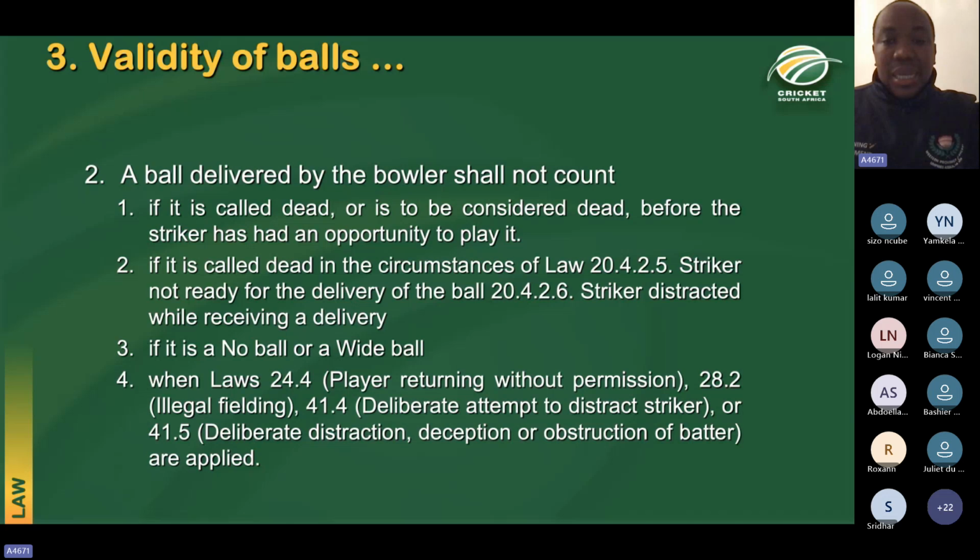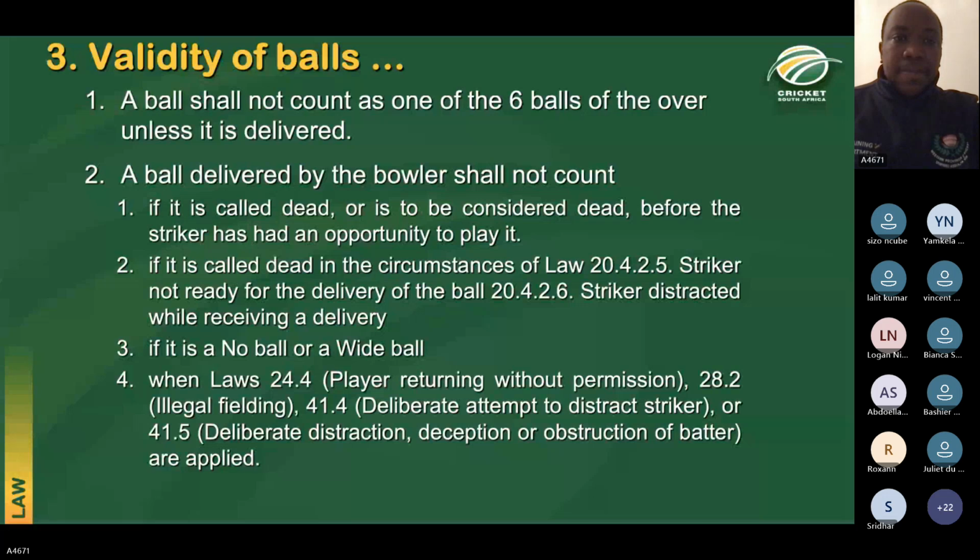If there's a deliberate attempt to distract the striker, or deliberate distraction, deception, or obstruction of either batter, then either umpire needs to call and signal dead ball, and that ball will not count as a legal delivery in the over and needs to be rebowled. And of course, a ball shall not count as one of the 6 legal deliveries of the over unless it is delivered.